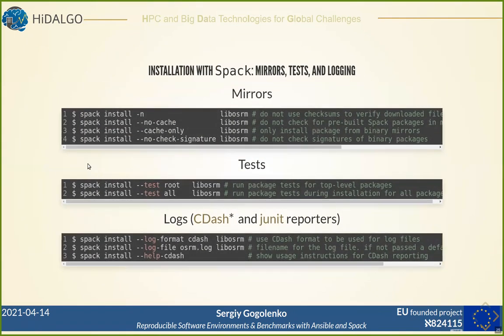But it has some more stuff. For example, it has options for support of external mirrors, options for running tests after installation of the software, and support of logs when you install some software. In particular, Spack is integrated with CDash, and if you want, you can use a graphic interface to see how the installation process is going on.